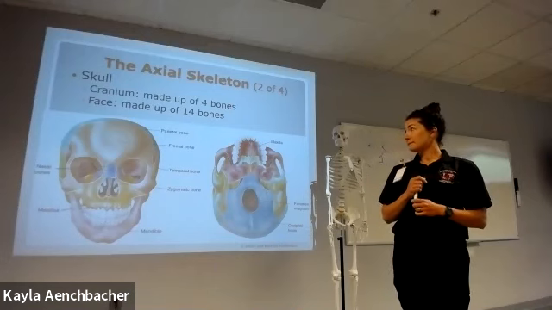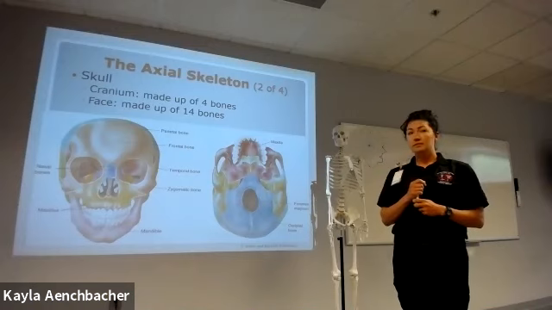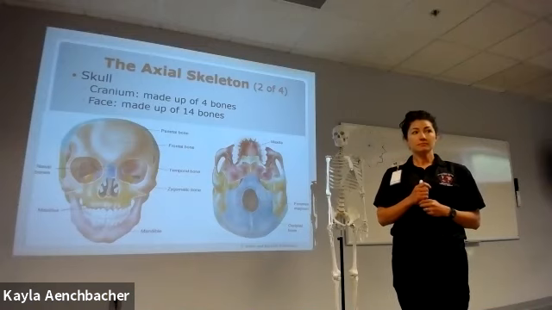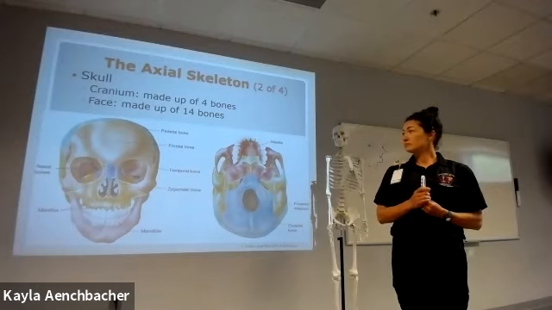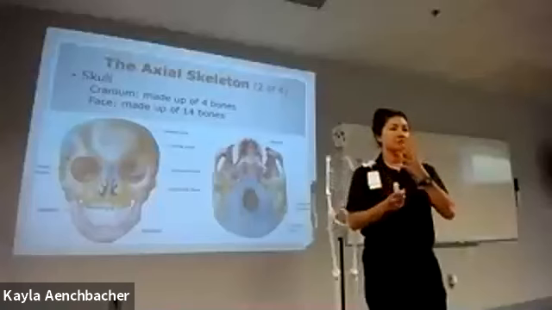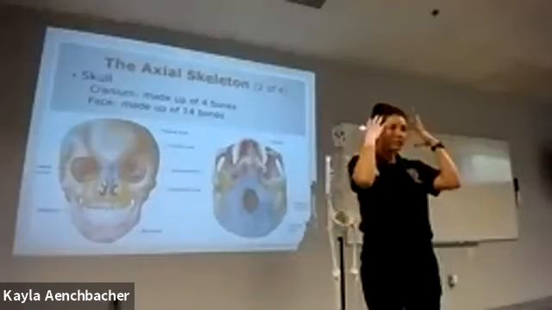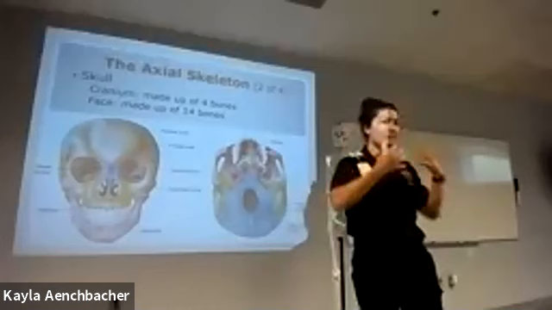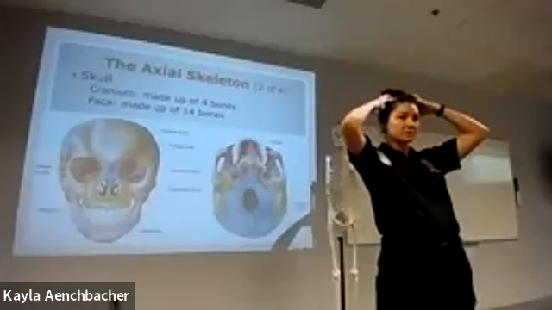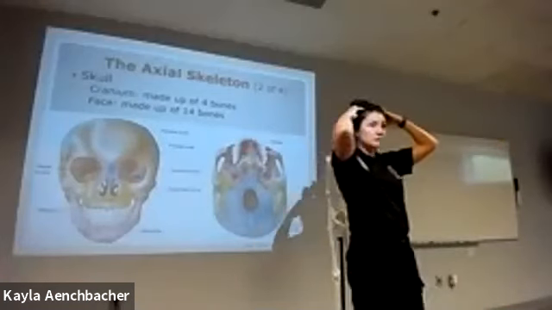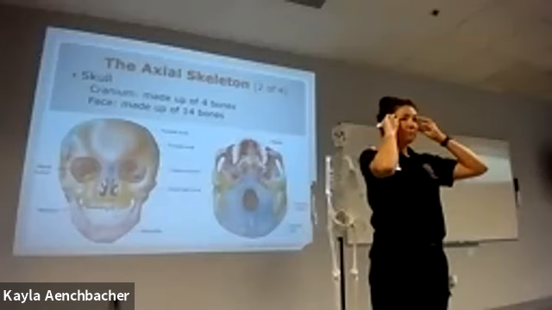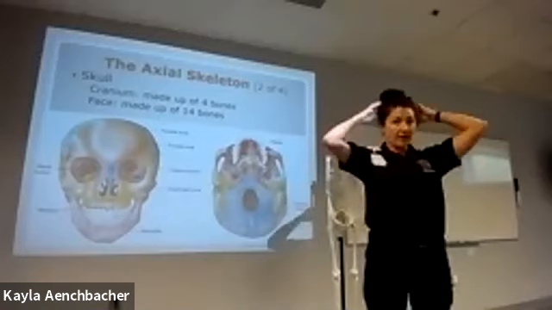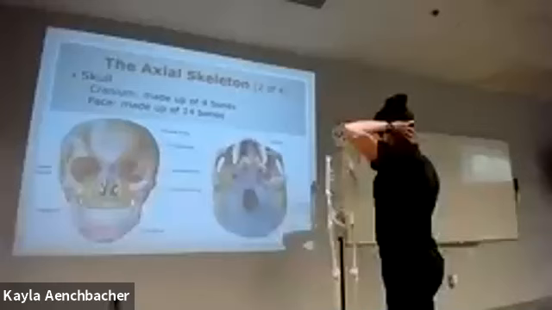Right now I'm just talking about the actual cranium, and then we'll do the facial bones next. Both the facial bones and the cranium together make up the skull, but we're talking about the part up here that covers your brain. So frontal, temporal, parietal, occipital.